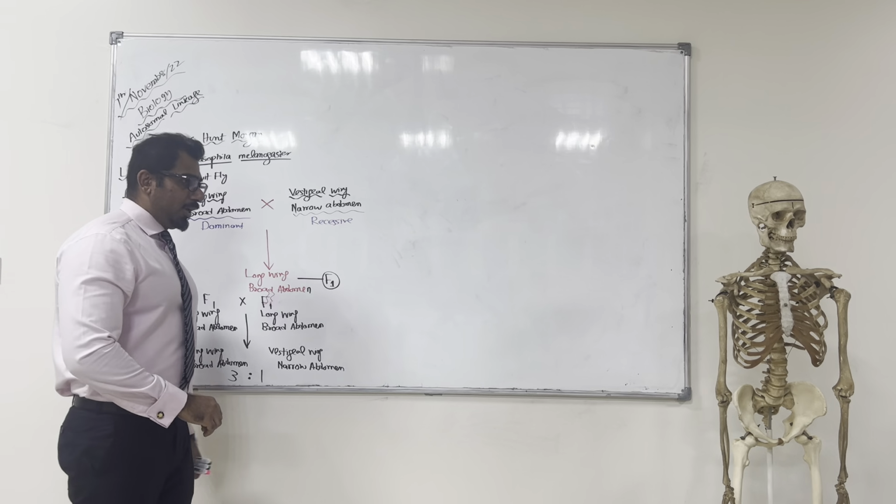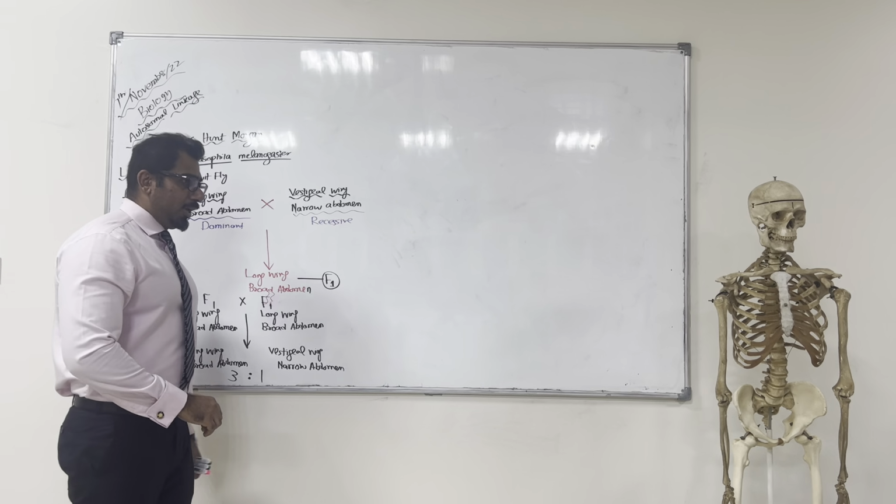We were writing simple letters, capital D, capital D, capital Y, capital Y. Is it possible to write in that way here? No. We cannot represent it in this way. So here, the representation of the alleles or genes is not a simple method. Here it is represented as chromosomes.